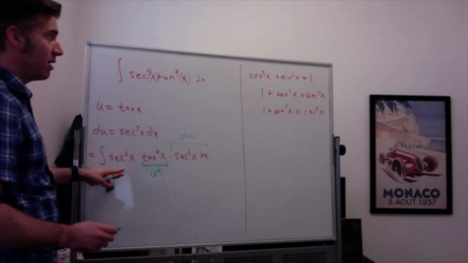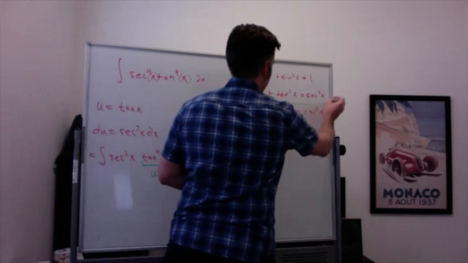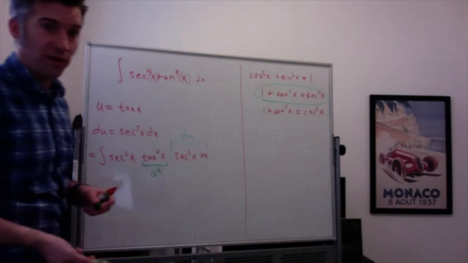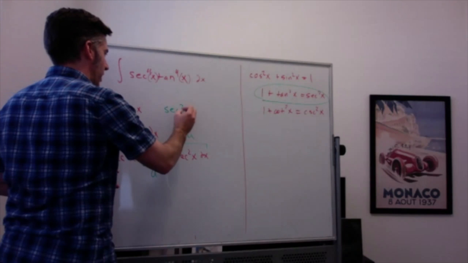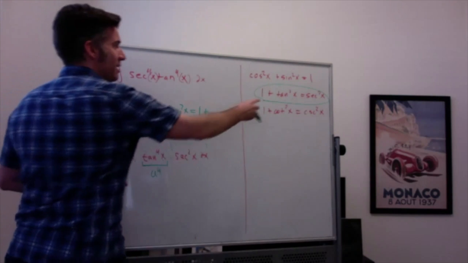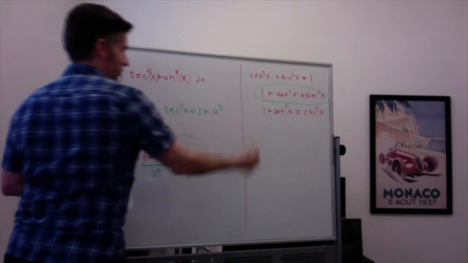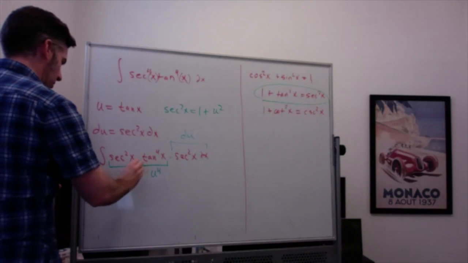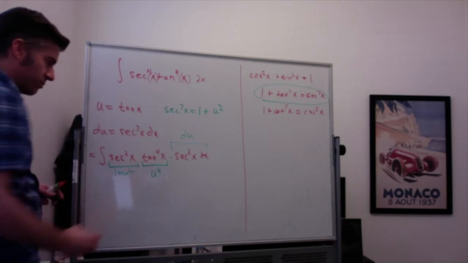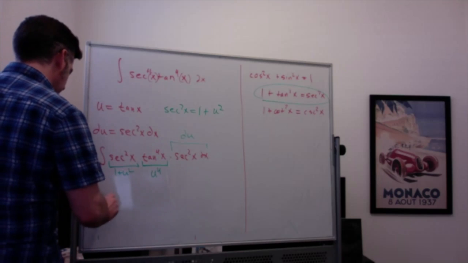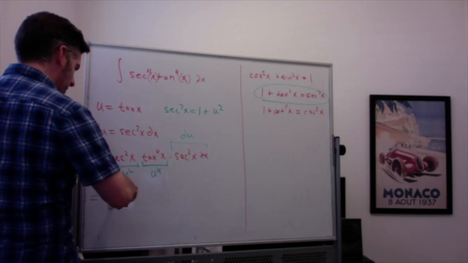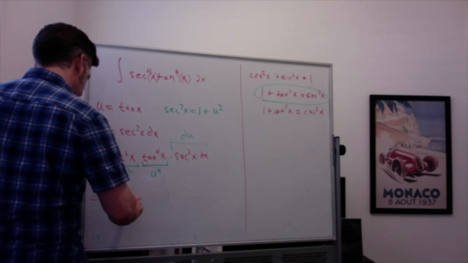And secant squared, well, secant squared is equal to 1 plus tangent squared. Tangent is u. So secant squared x equals 1 plus tangent squared x, which is u squared. So that's going to be 1 plus u squared. And then you're going to get the integral of 1 plus u squared times u to the 4th.